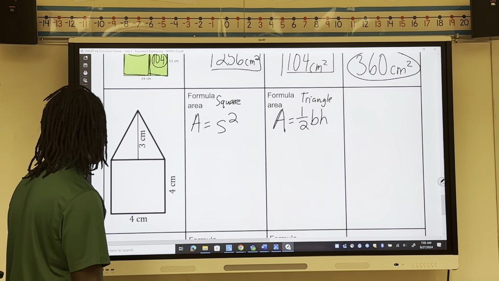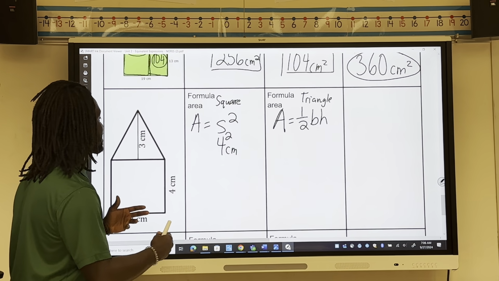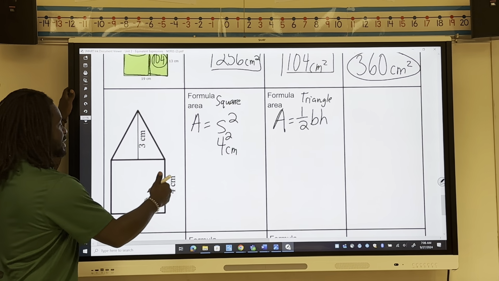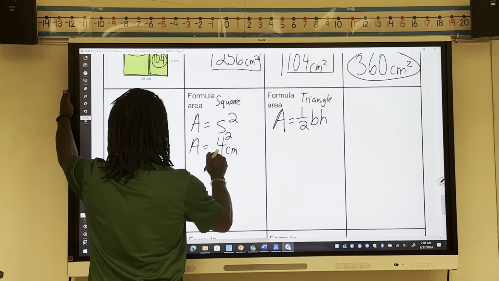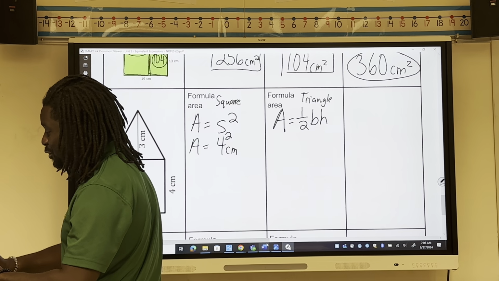So I'm going to plug in my dimensions. For my square, the side is 4 centimeters, so 4 squared. If you want to put the A with it, you can. I just want to show you that you can plug this straight into Desmos.